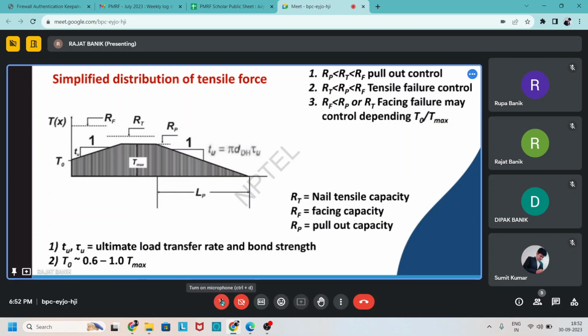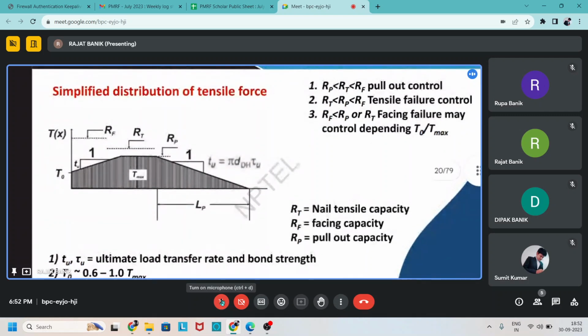After the maximum tensile force, the zone is called the pull out capacity zone. So here three conditions are given for three different failures. The first one is pull out control. In pull out control, RP is less than RT, from every possibility.